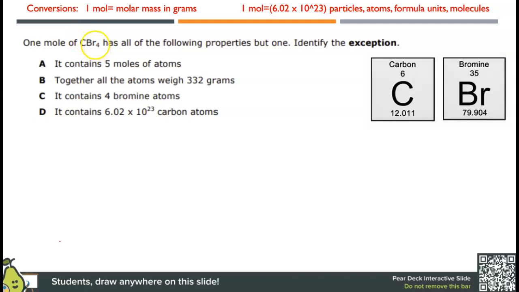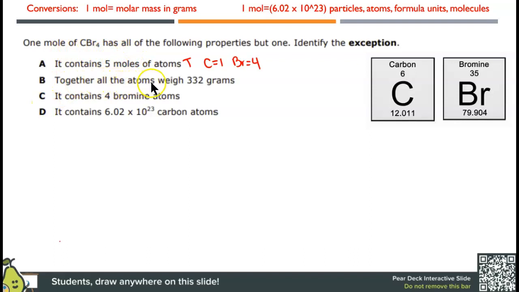But then you would have 1 mole, so 1 times 5 is 5. So that's true. Because there's 1 carbon and a total of 4 bromines, you have 5 atoms, and then you multiply that by 6.02 times 10 to the 23rd. So you have 5 moles of atoms.